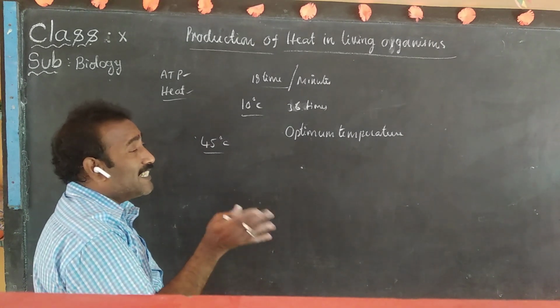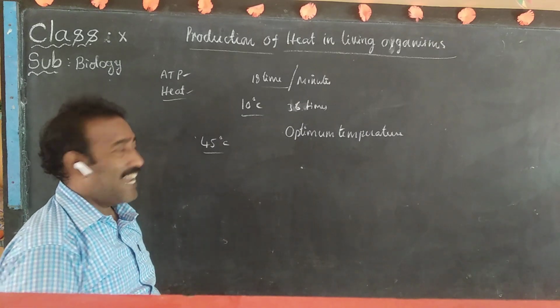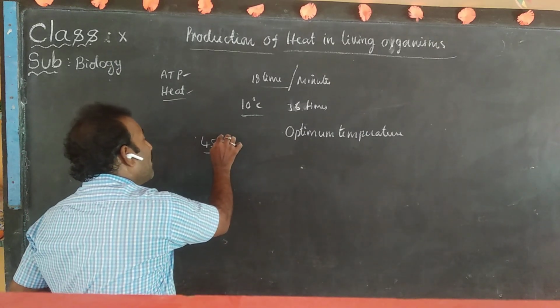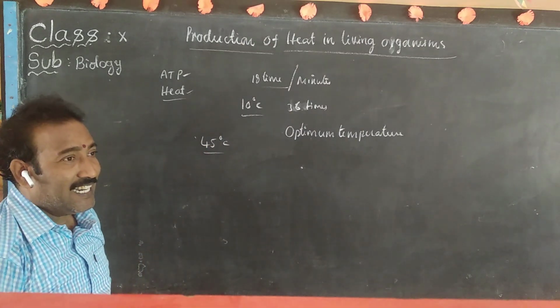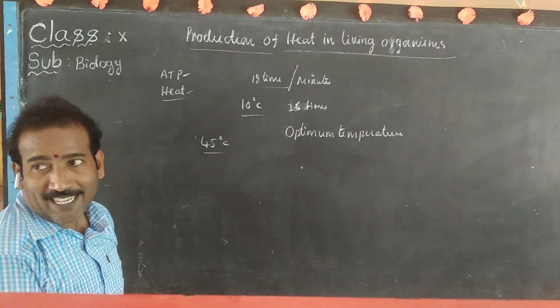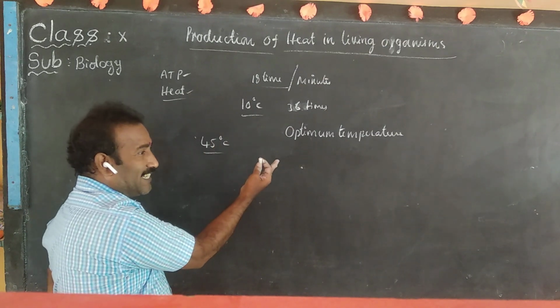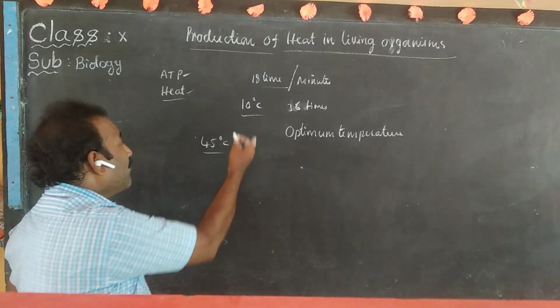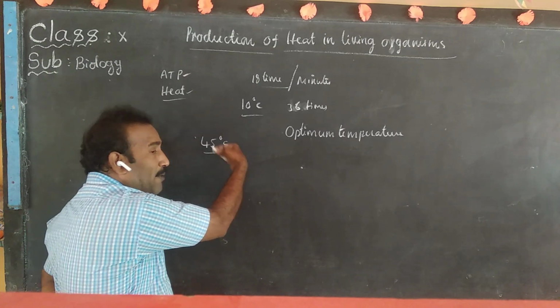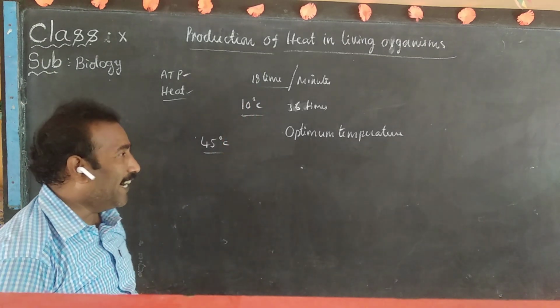More than this 45 degrees Celsius, what will happen? The rate of respiration gradually decreases. In the human being the optimum temperature is 45 degrees Celsius. More than 45 or less than 45 degrees Celsius, the rate of metabolic processes gradually decreases.